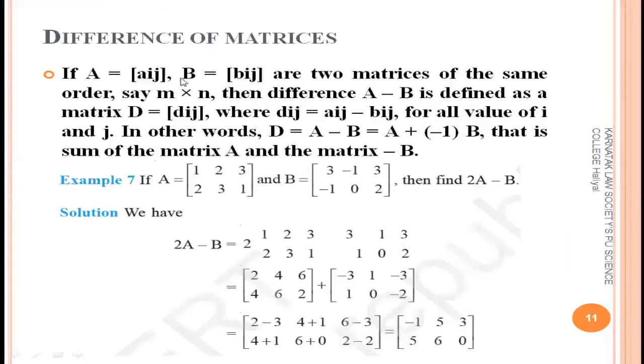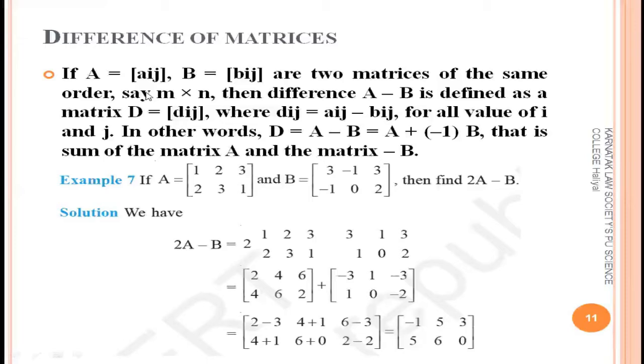Next one is difference of matrices. Here we need to subtract the two matrices. Here also A and B are of the same order. As we have done the addition of matrices, if we add two matrices, they are of the same order.